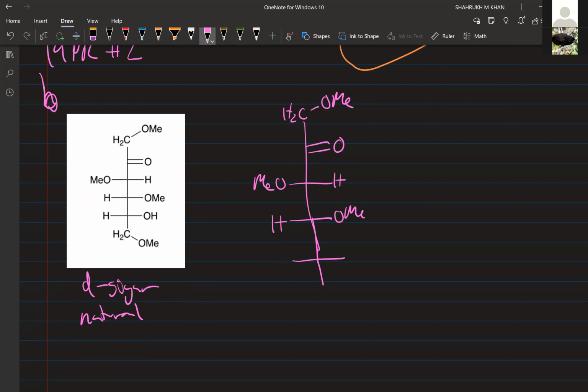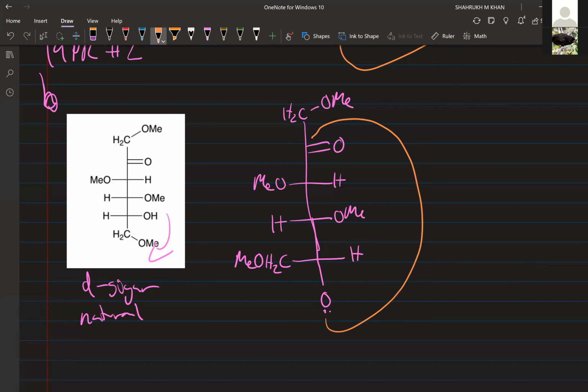So now we rotate here. If we do this clockwise rotation, this OH is going to be there, and it's going to put a lone pair there. That means our CH2OMe is here, and this is our hydrogen. Form our bond here, except now it's going to kick up here.